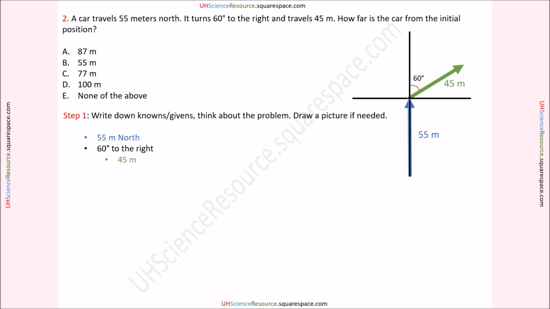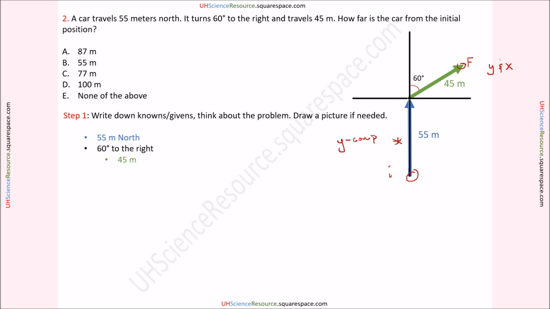Now what we're trying to find is the distance between the initial position, which is right here, and the final position, which is right here. The blue arrow is made purely of the y component, so we're fine. Whereas the amount traveled, given by the green arrow, is made of both y and x components.